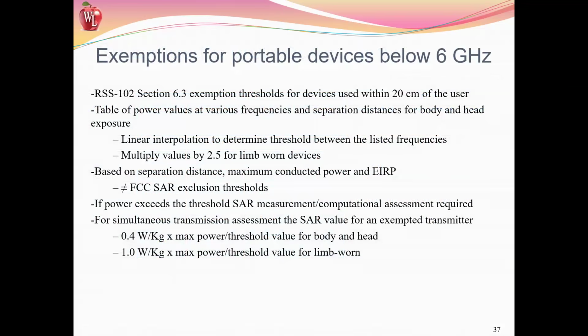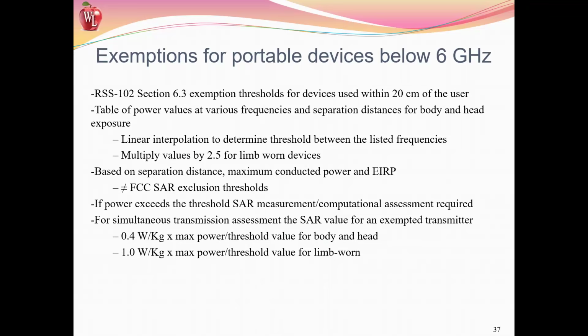The exemption thresholds are derived for devices used within 20 centimeters of user, can be found in section 6.3. Table, it's got the power values at various frequencies and separation distance for the body and head exposure.